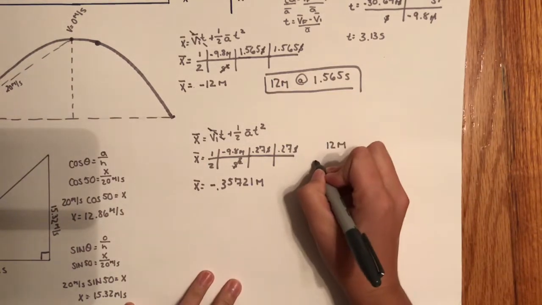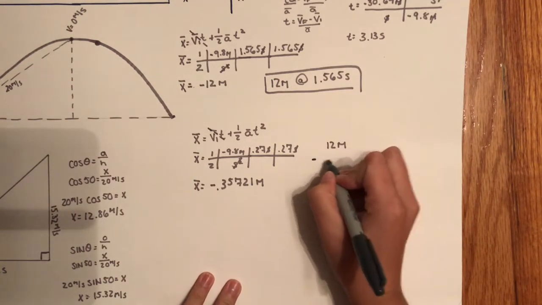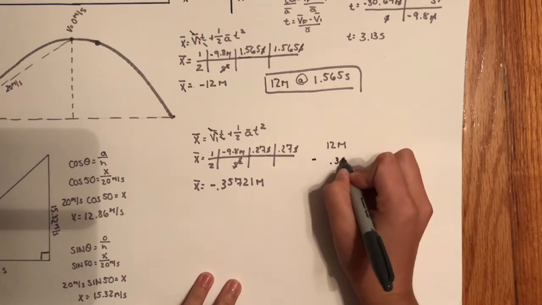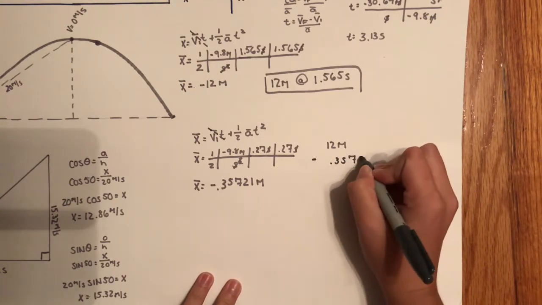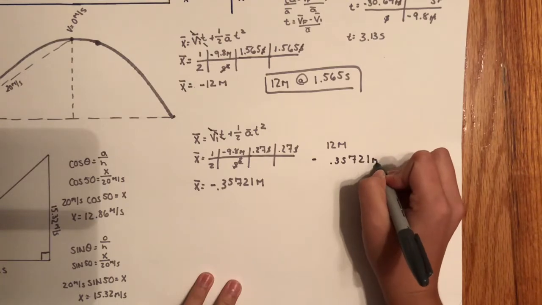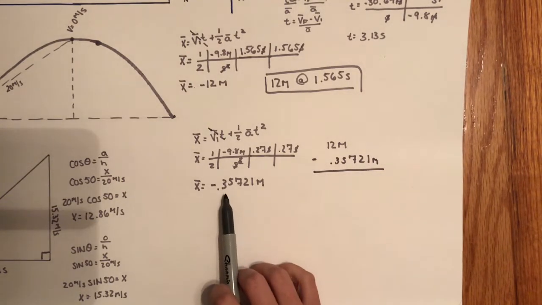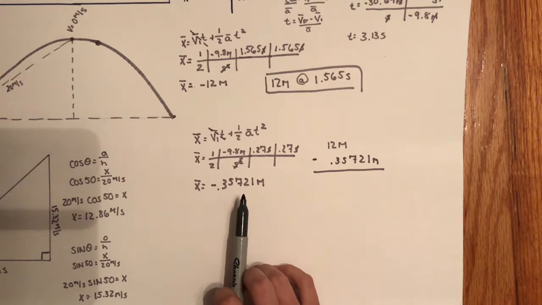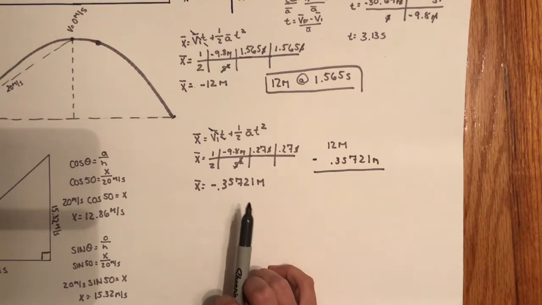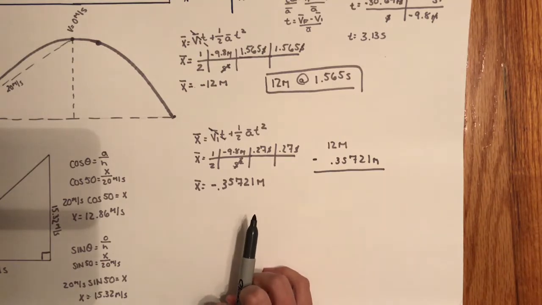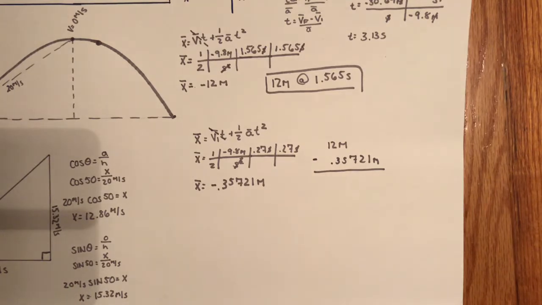And we are going to subtract the 0.3571 meters because we know that he falls 0.3571 meters from his max height during the 0.27 seconds that it takes for him to complete his trick.